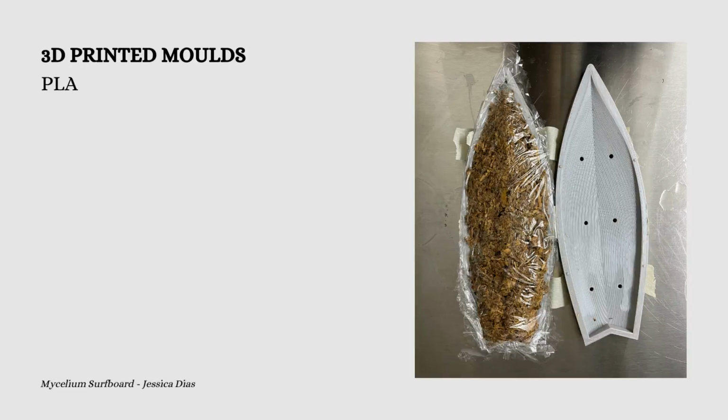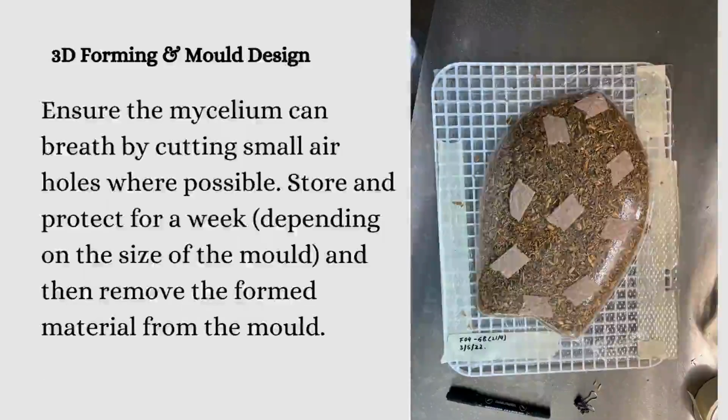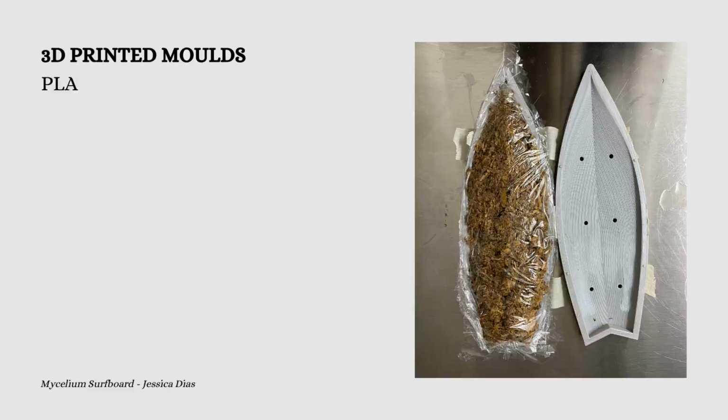So this is a quarter scale mock-up of a surfboard, and it's not huge, so there are only 6 holes along the surface, but that is great. You could drill that into your mold, but why would you need to? You can just add that into your 3D design before you print. And those are there for air exchange.